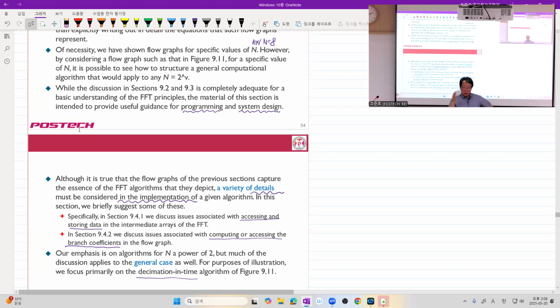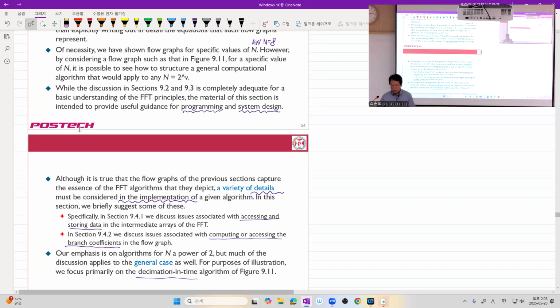And also, in each stage of the FFT algorithm, you have to multiply complex numbers, which means that you need to store intermediate values. And eventually, you have to store the output vector of length N before you dump it over to some other system.